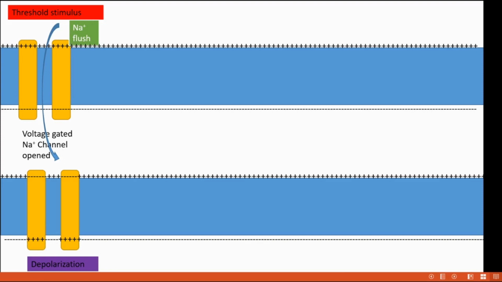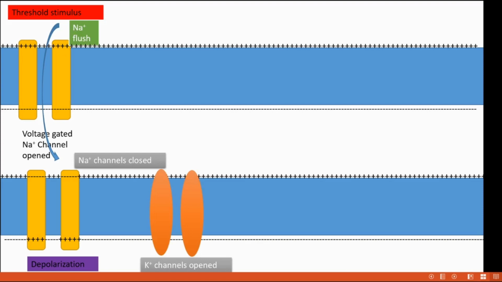After this, the sodium channels close, and very near this point there are potassium channels. For better understanding, I draw these channels some distance apart, but actually they are very close to the same depolarized region.